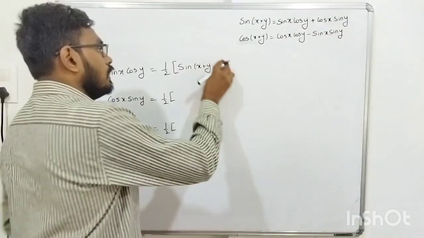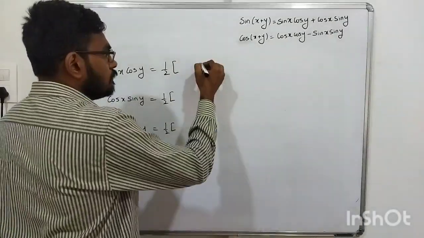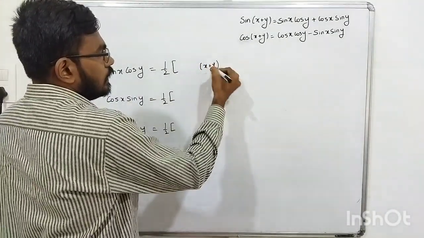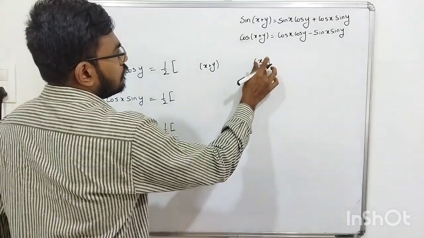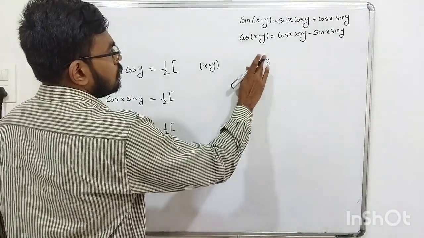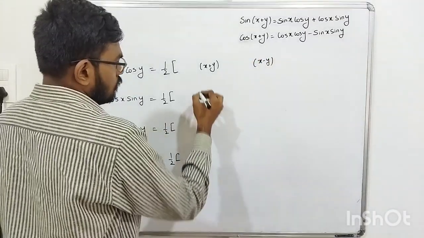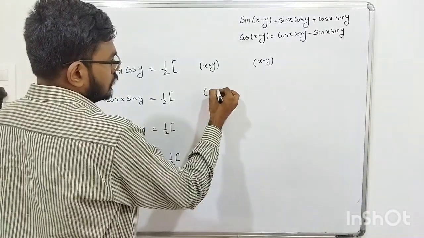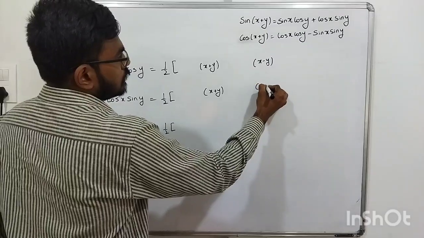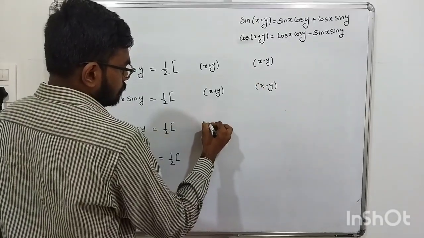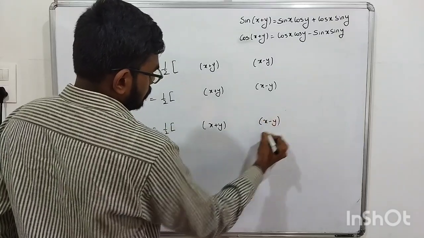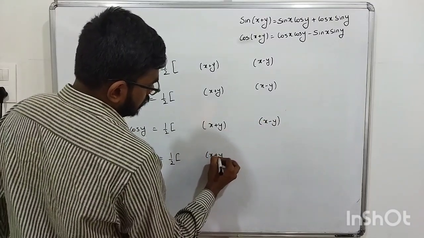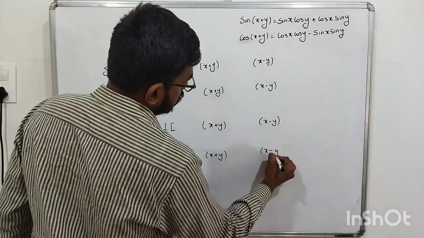Here again x plus y, and there may be plus or minus sign in the middle, and x minus y, that we will check how we get. Then here x plus y, x minus y, x plus y, x minus y, x plus y, x minus y. Okay, these all 4 things are common.